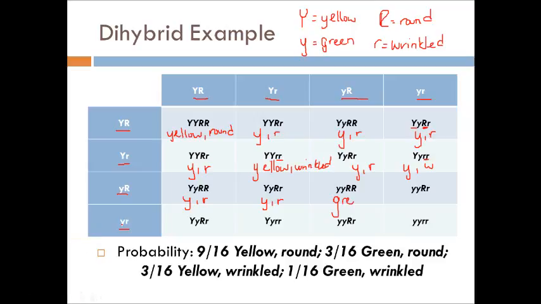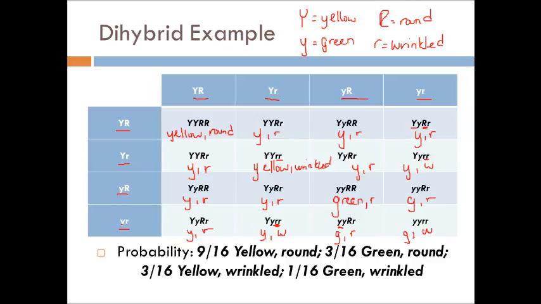Green and round. Again, green and round. This one we go back to yellow and round. Yellow and wrinkled because we have the little ones this time. This time it is green and round. And the last one has all little, so it's going to be green and wrinkled.